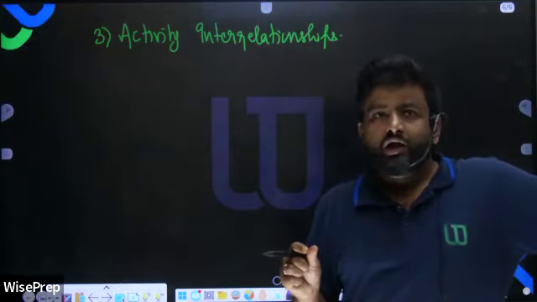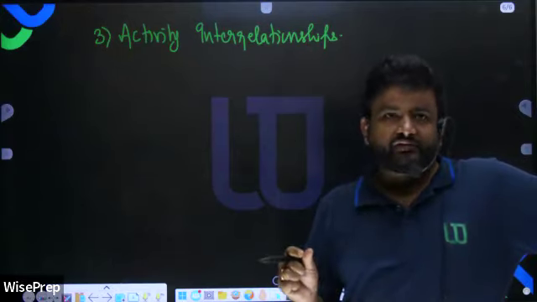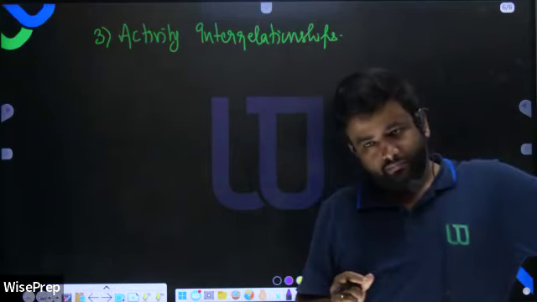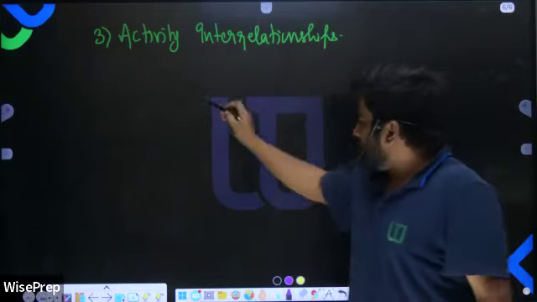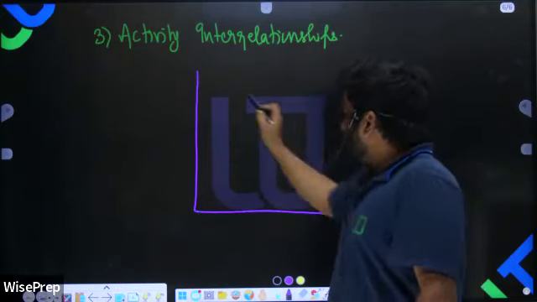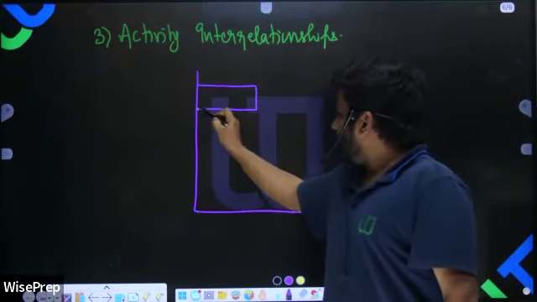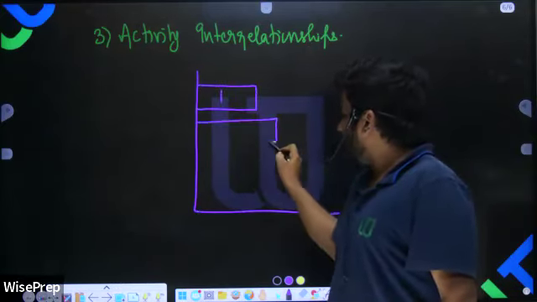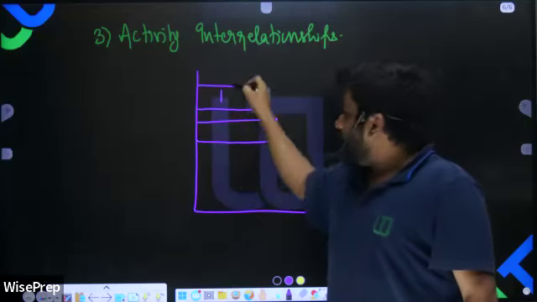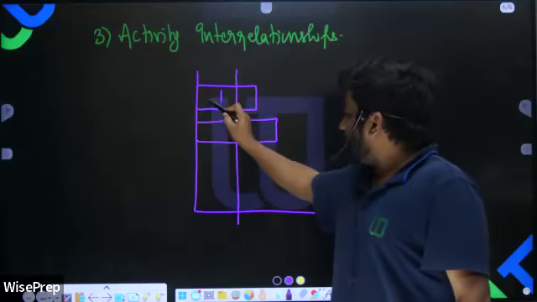Suppose there is activity one and activity two, both start at the same time, but at any instant of time you cannot define this relationship.